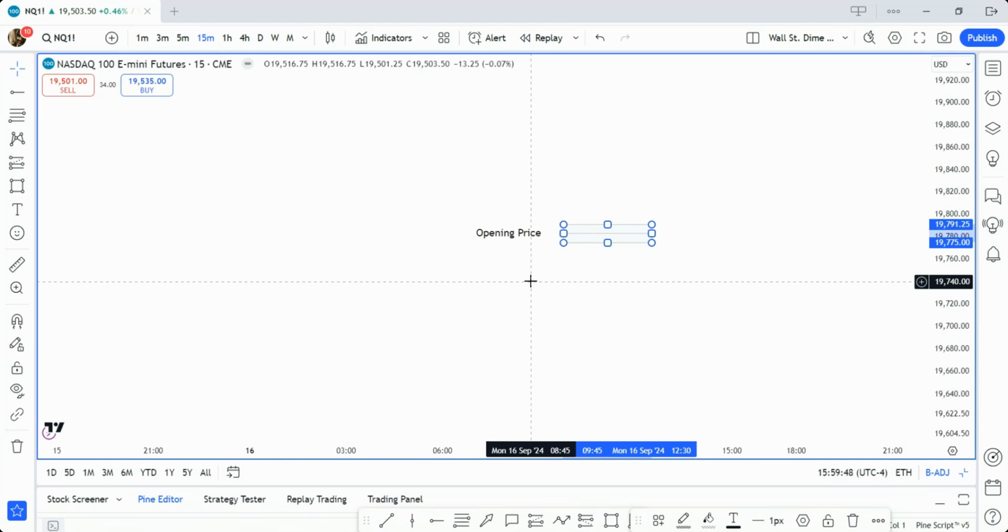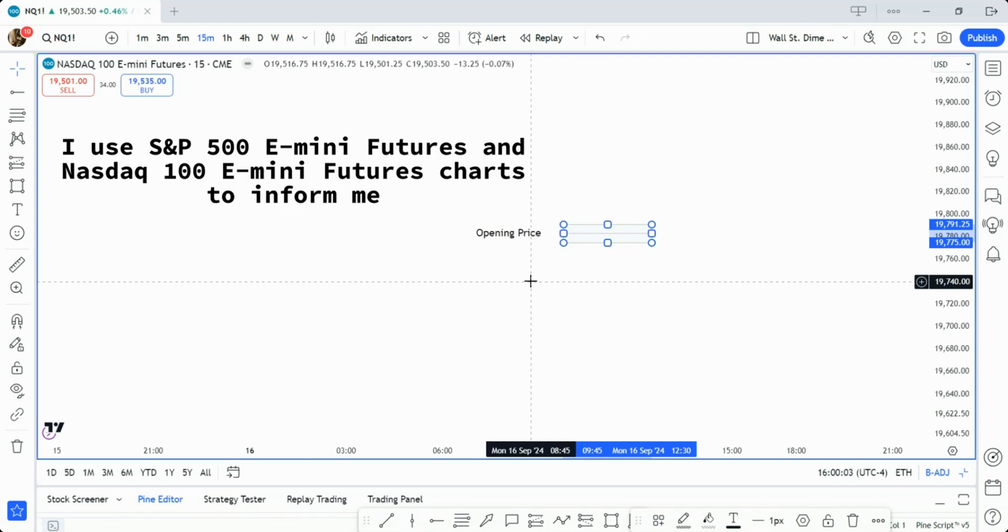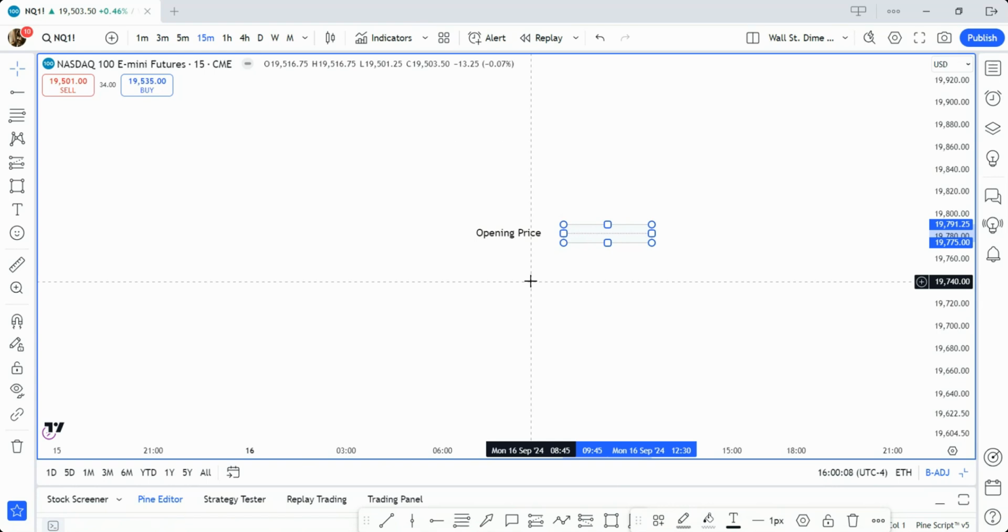For me, trading the S&P 500 index, the SPX, this is very helpful. I don't mark it on the SPX chart. I use the ES 500 mini futures chart to mark out Asia high low and London high low, because the futures markets are open 23 hours a day, 6 days a week.